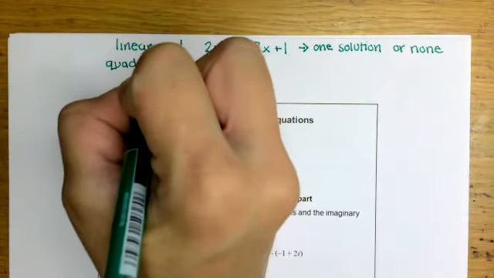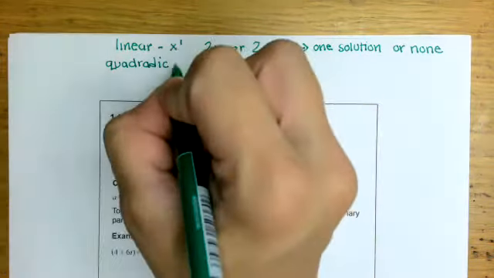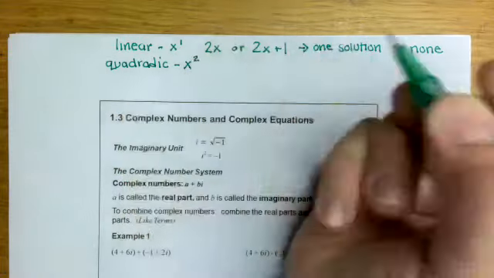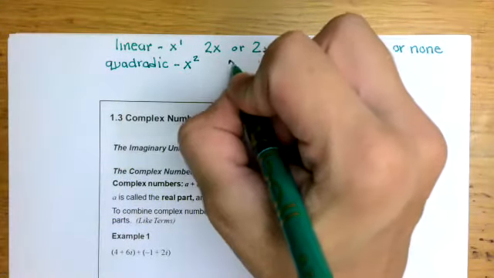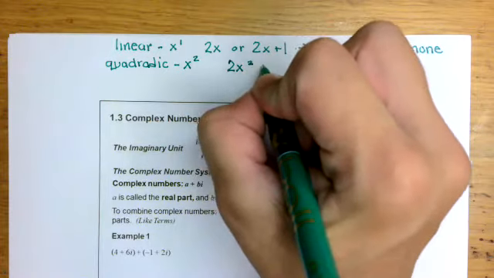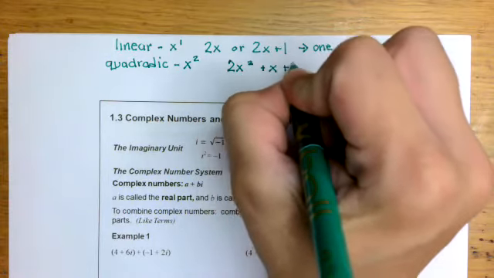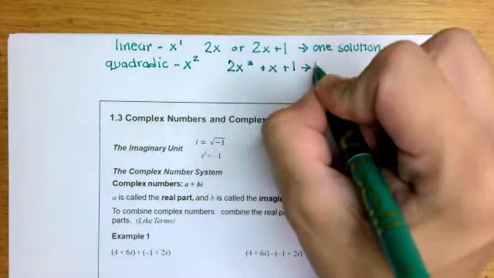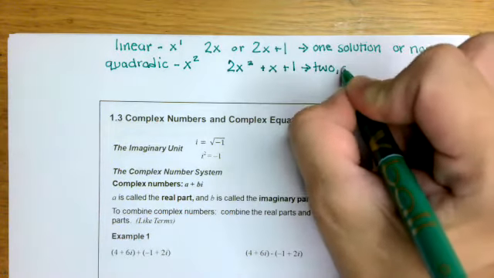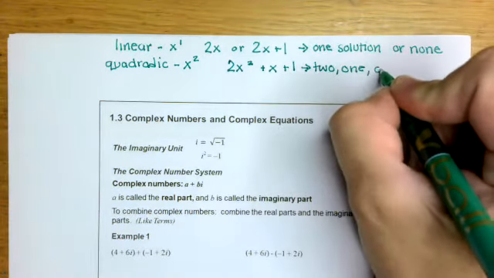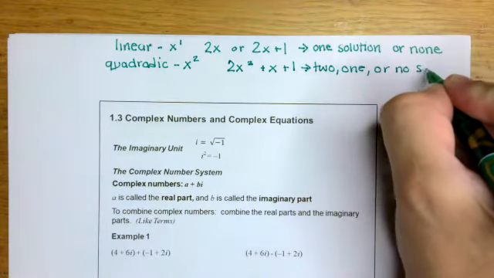Or we have also talked about quadratics in unit 1. In a quadratic, x will be to the second power, so you would have maybe 2x squared plus x plus 1. Here you could have two solutions, one, or no solutions.